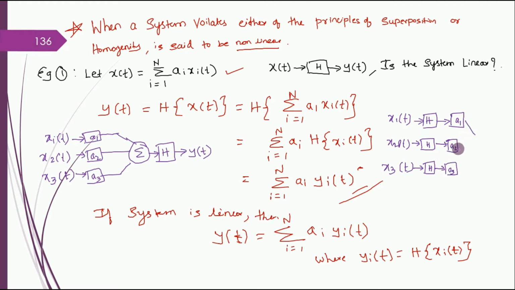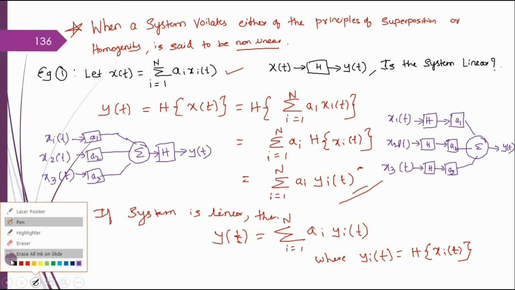Then after that I sum it. So whatever I get, that is my y of t. So in these two cases, the output of the signal should result in the same manner. Whether that is happening or not, let us check it.